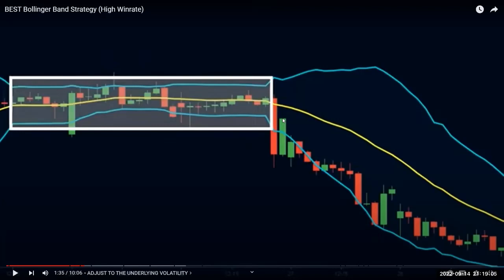So the way we can read a lot of these things is when you have huge gaps like this versus tight gaps in between, this is huge volatility. This means there's a lot of trading going on. And in this case, since we see the 20-day moving average moving downward, this is a downward slope and it's a selling or a bear market.